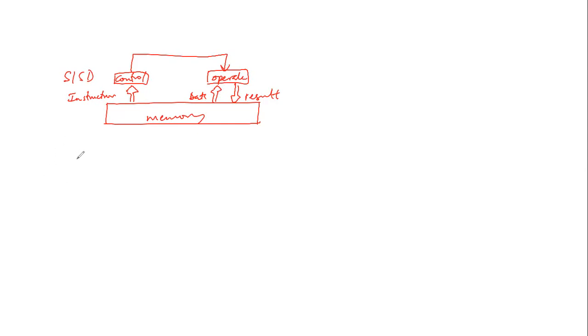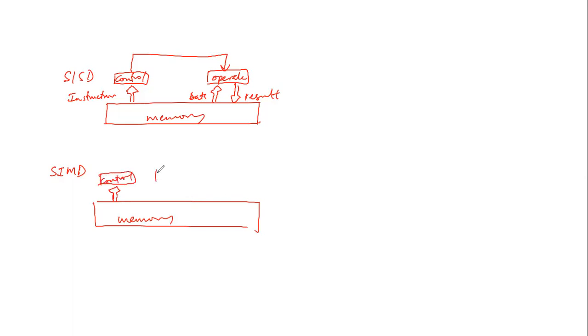Now, when you look up the single instruction stream, multiple data stream, we have something similar. We have the memory. Then we have just a single control here, and then we have the multiple operate units.